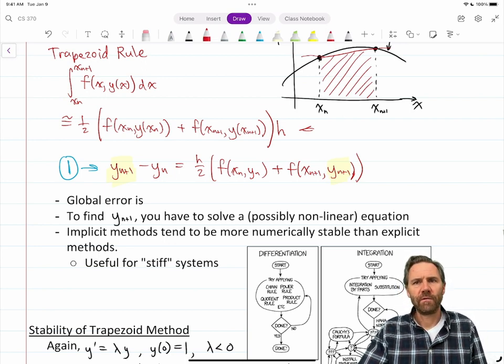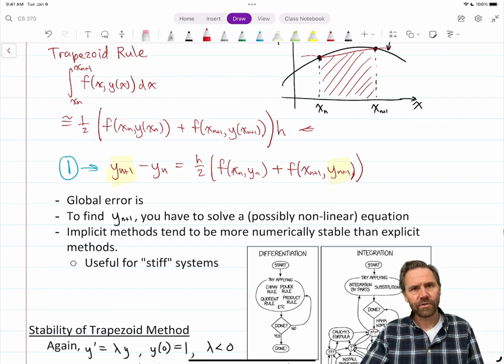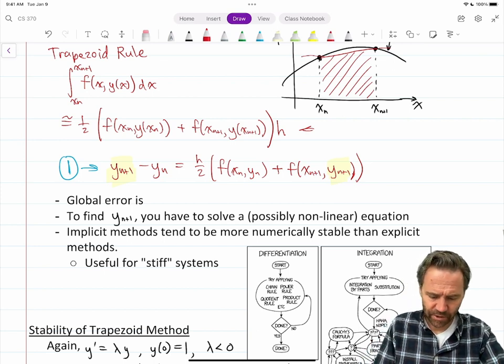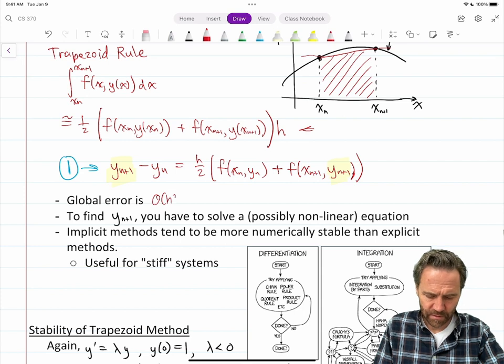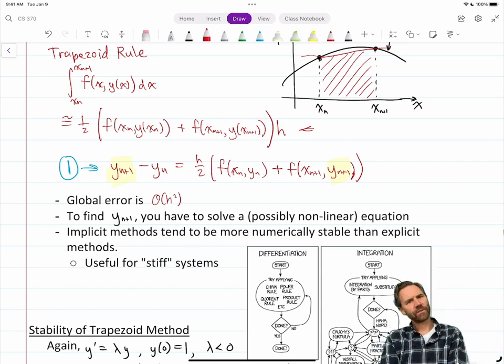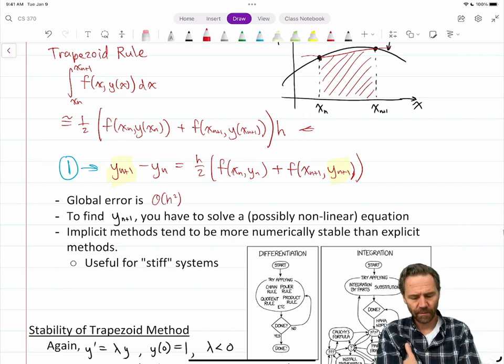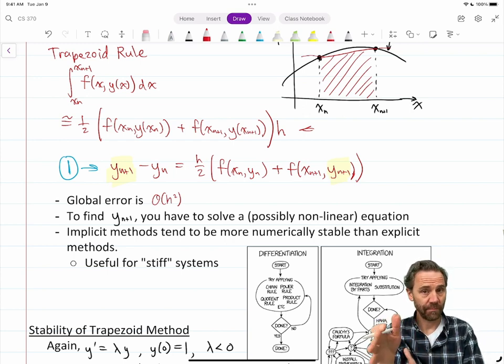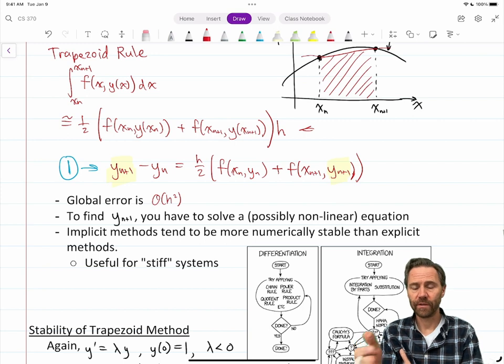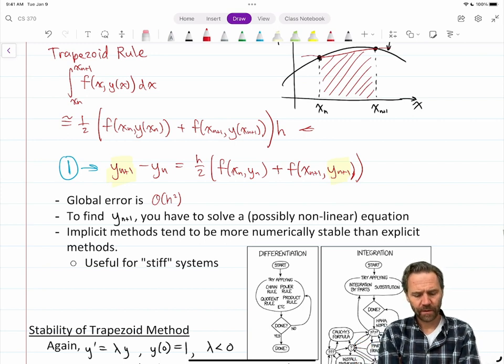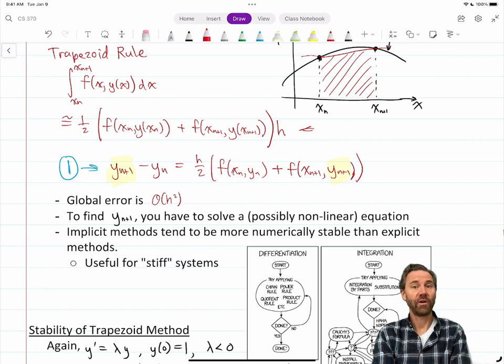The global error for the trapezoid method is h squared. So that matches the modified Euler method, but because it's an implicit method, it does have different properties, and you'll see that in a second. To find y sub n plus 1, you have to solve a possibly nonlinear equation.